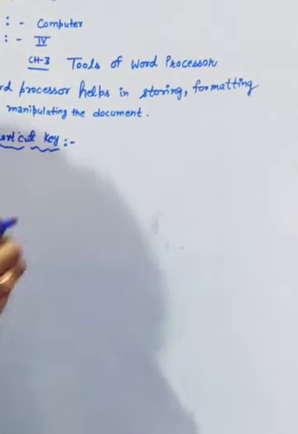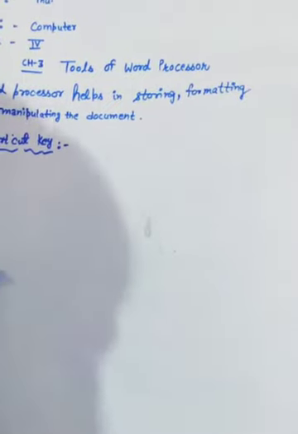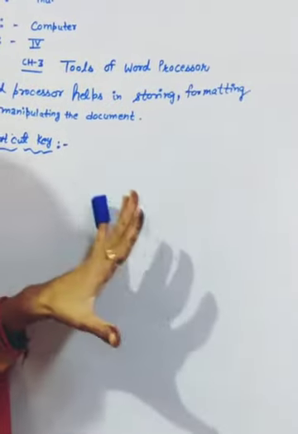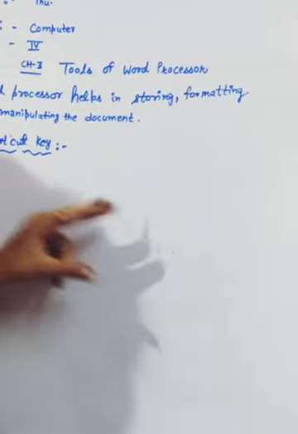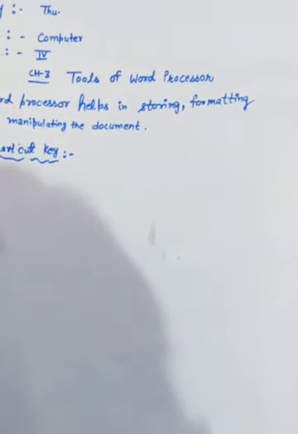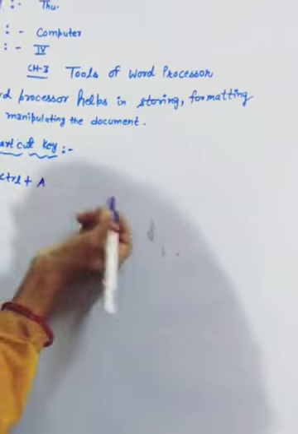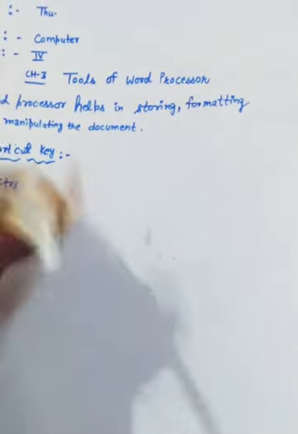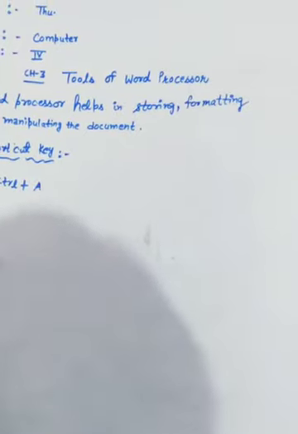For example, you have 50 photos in a folder and you want to copy these 50 photos to another folder. Then instead of selecting the photos one by one, you will use a shortcut key combination, that is Control plus A. It is used to select all the photos together. Is it clear? This is the shortcut key combination.